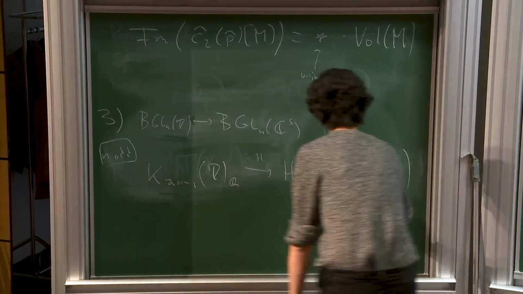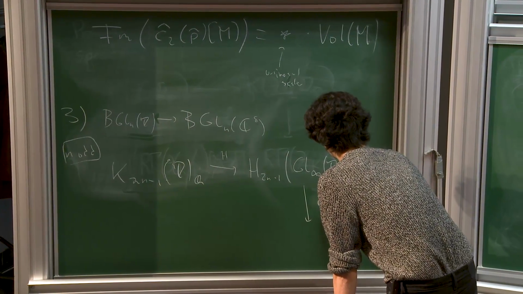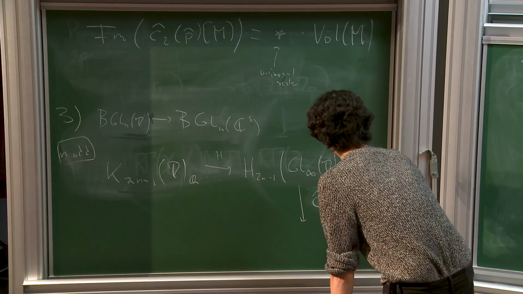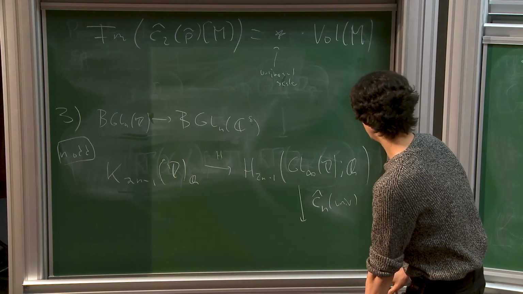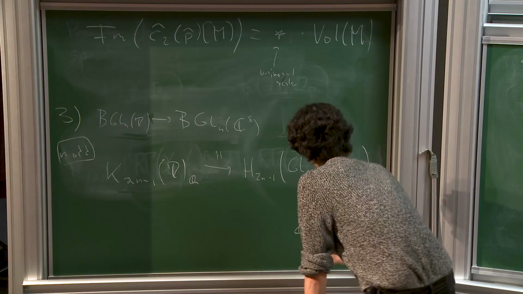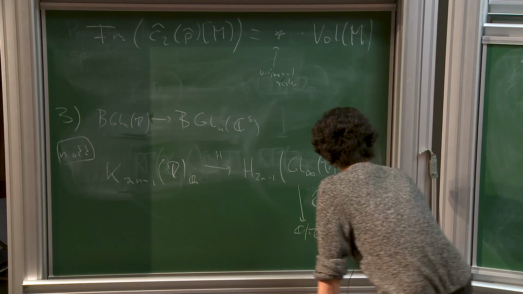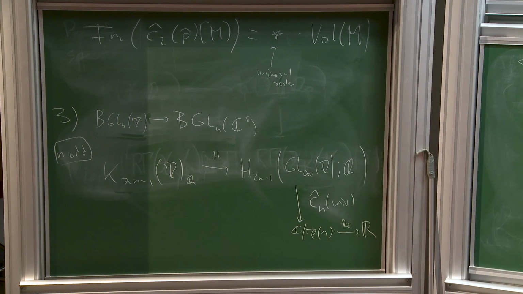And then we can pair with the Chern-Simons class, the Chern class of the universal bundle. And then we get something in C mod Z(n). Here n is odd, so if you want to get something well-defined, you should take the real part, and then you get a real number.